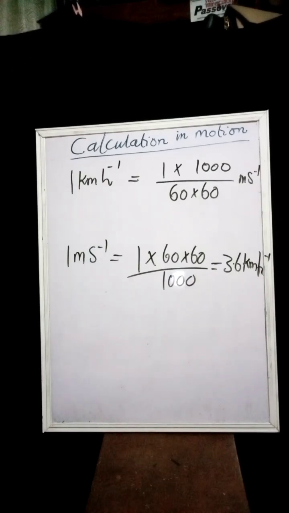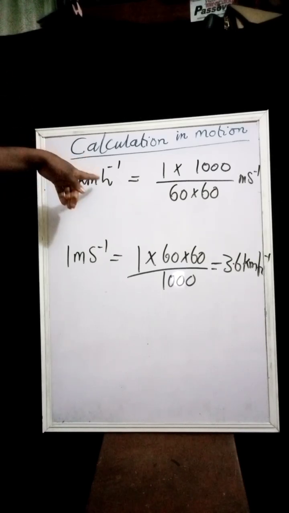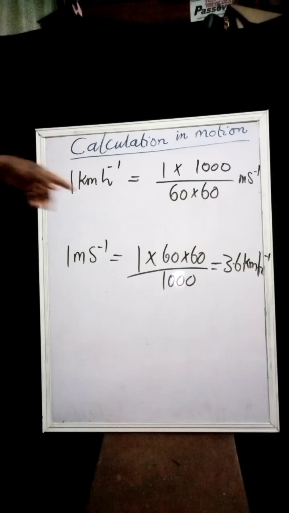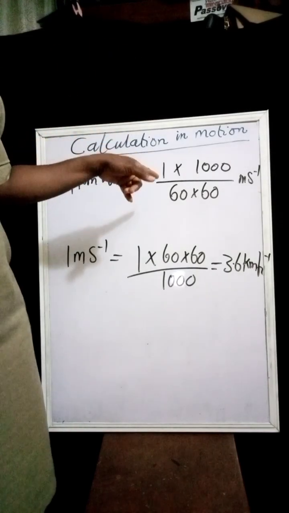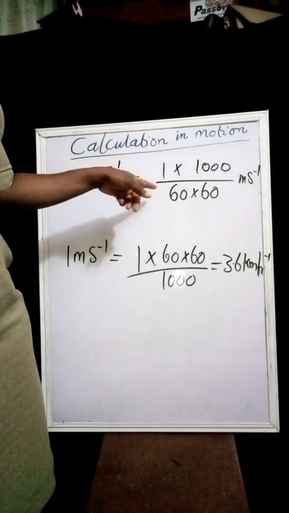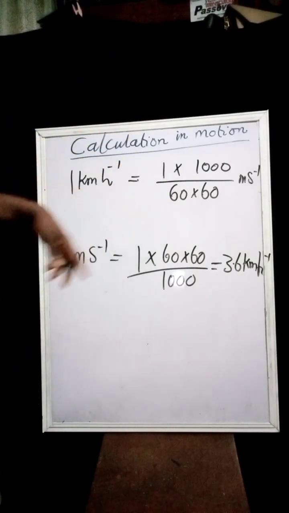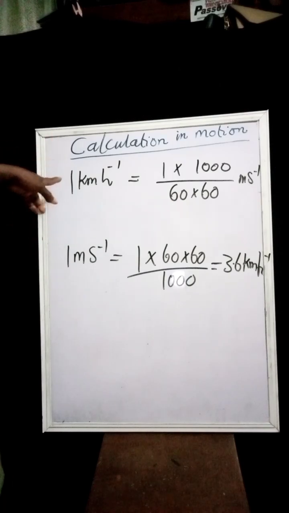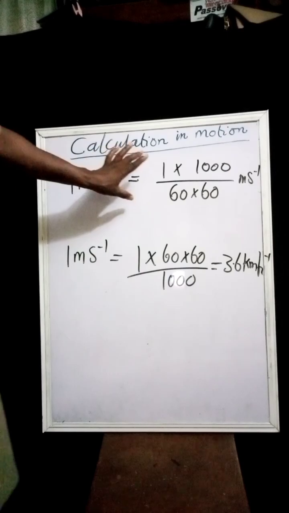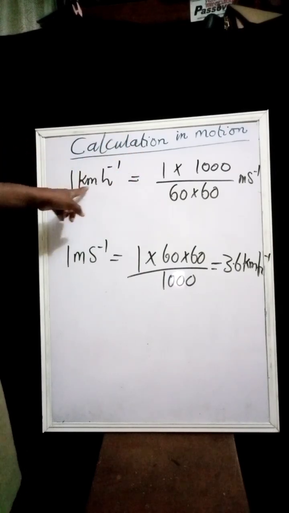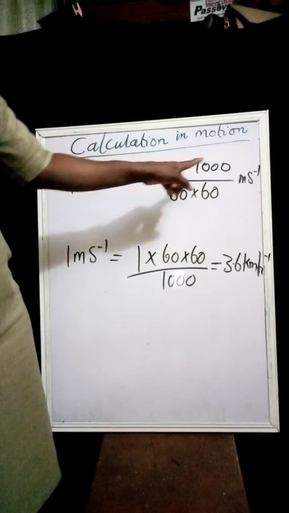Take for instance, if we are given our velocity in kilometer per hour and we want to convert it to meter per second, what we need to do is multiply the velocity by 1000 and divide by 3600. Just use this formula on the board. You have 1 kilometer per hour to be converted to meter per second.